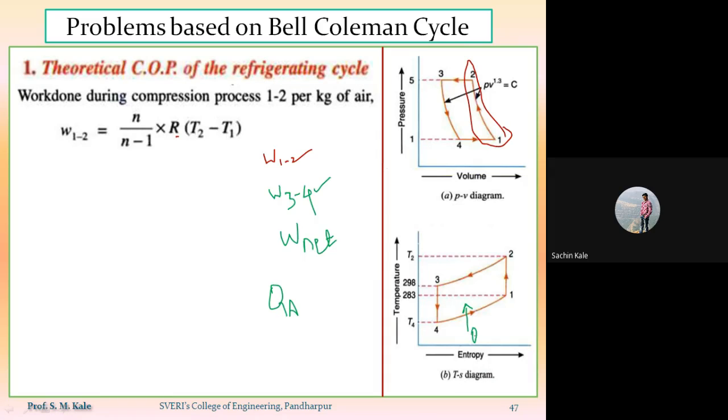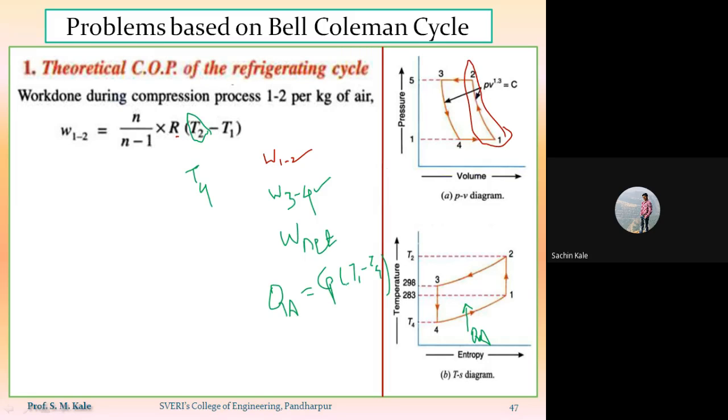So this is the amount of heat absorption process. So here QA I will get by using the formula Cp into delta T, that is nothing but T1 minus T4. In this formula also I am required to calculate the value of T2 and the value of T4. So for that again I have to use the same method.